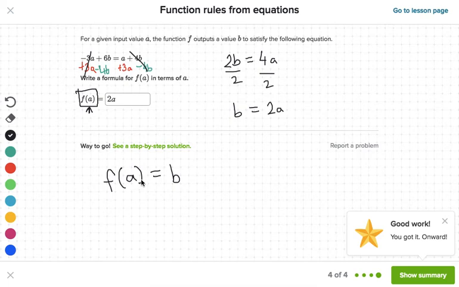And all we're doing is solving for b in order to get f of a. The idea is that the function operates on the input of a, giving you the output of b, but we don't need to mention b when we're using function notation. So I hope that clarifies things for you. Give it a try for yourself, and if you've any questions, let me know.